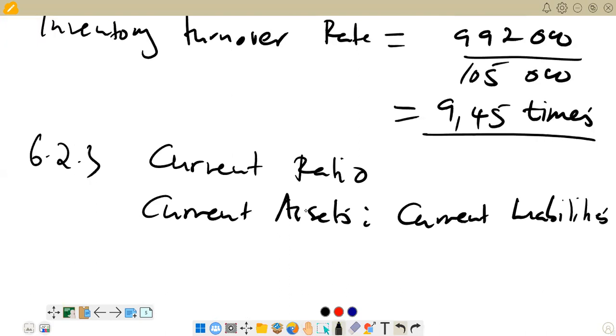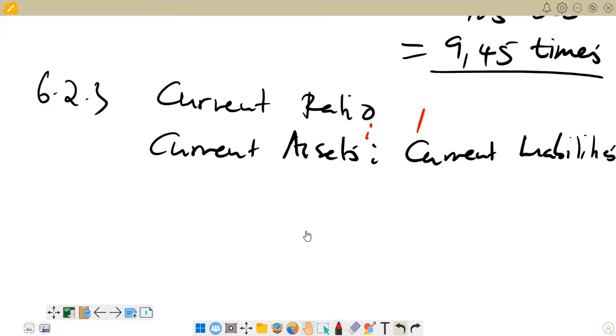So you take the total figures, total current assets and total current liabilities, right? And then the answer you are supposed to present in the form where the side of the current liabilities is left as 1. Here should be 1, then the figure depends on the figure that we have here. So the figure that we have for current liabilities, we divide both sides so that this side becomes 1. This is the presentation of the current ratio.